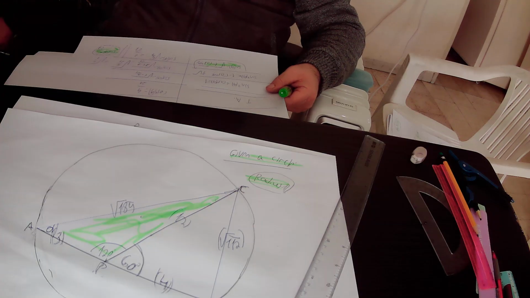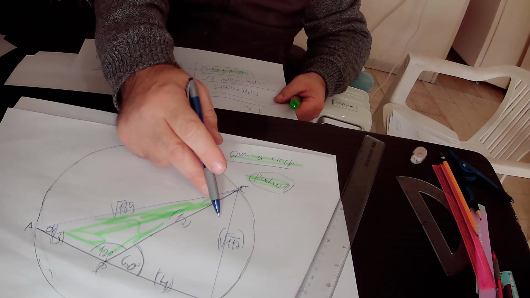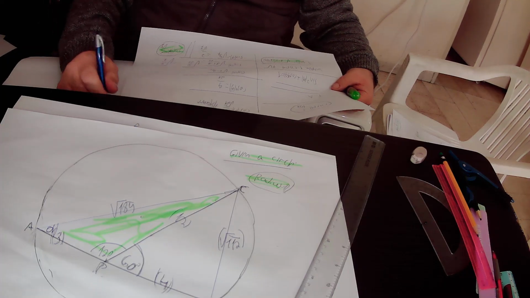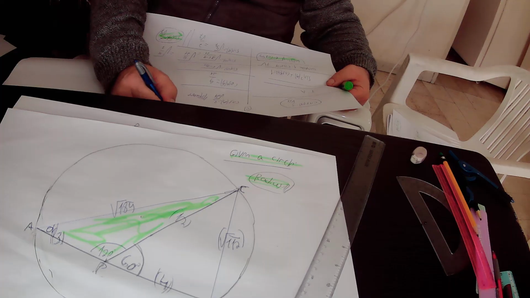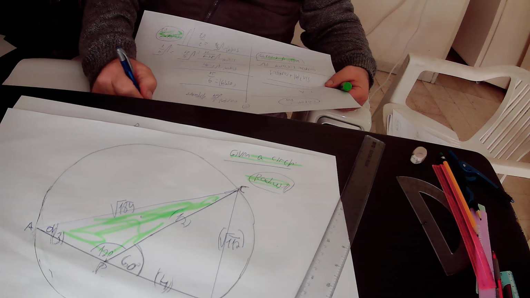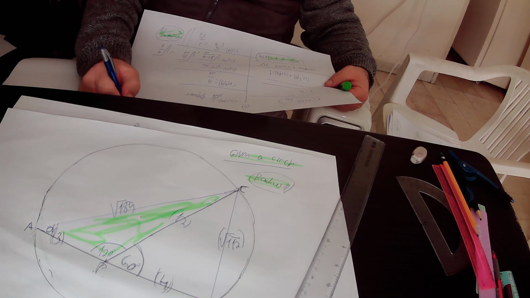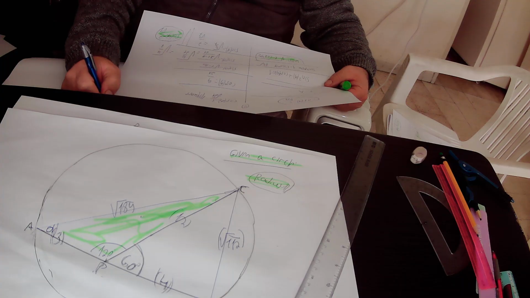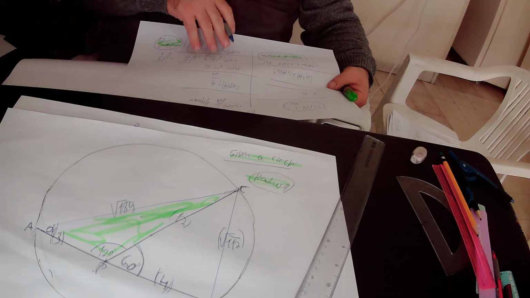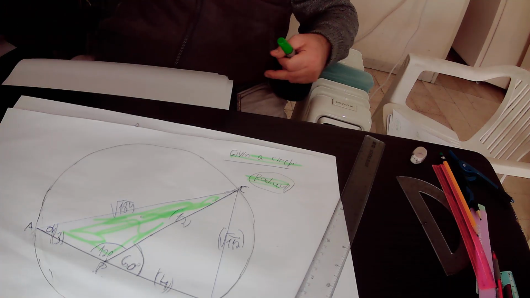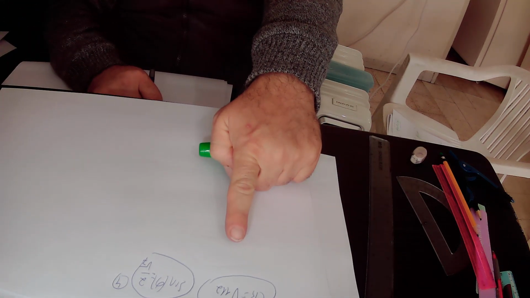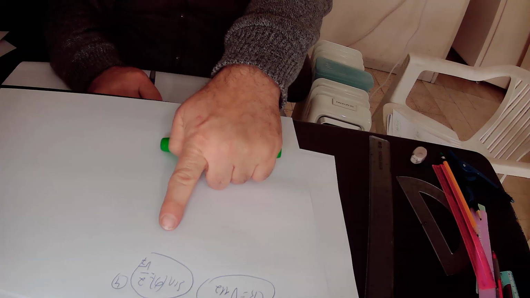And we already found out that CB equals the square root of 112 units, and sine alpha equals 2 over square root of 7.